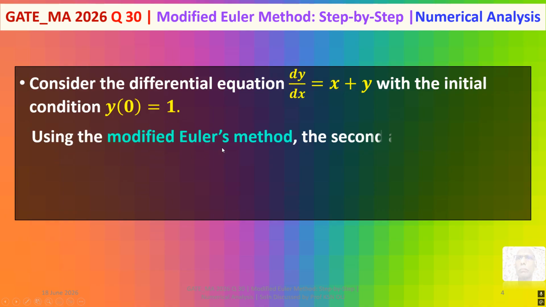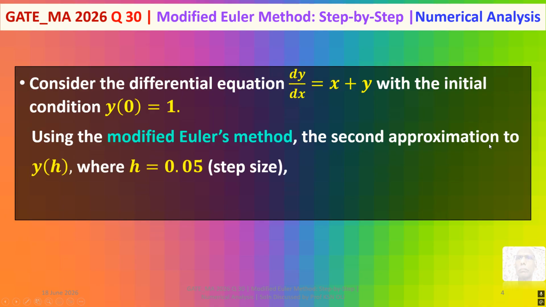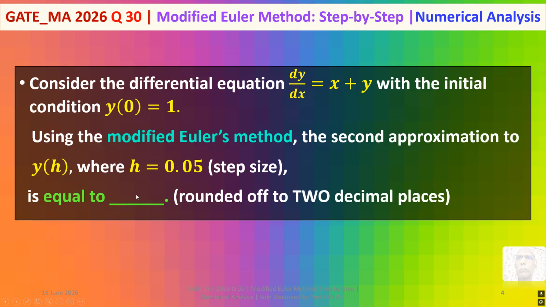Using the modified Euler's method, note down, the second approximation to y of h, where h is 0.05, given to be the step size, is equal to. It is a numerical answer type question, and you have to round off the answer to 2 decimal places.